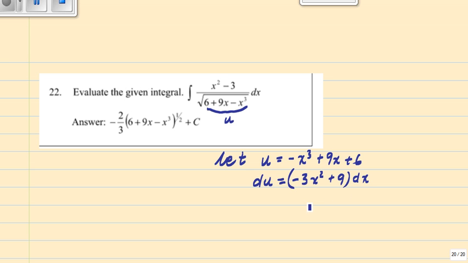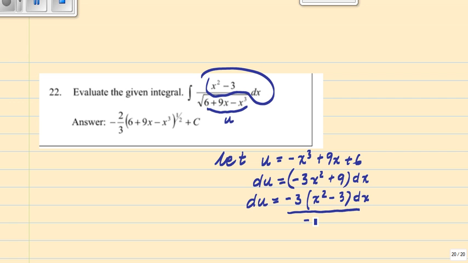If we factor out minus 3, so du is going to be equal to, factor out minus 3, so I'm left with x squared minus 3 dx. We have in here x squared minus 3 dx, so we divide both sides by minus 3.